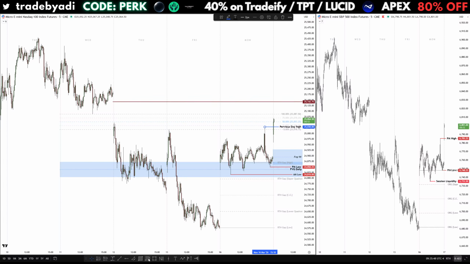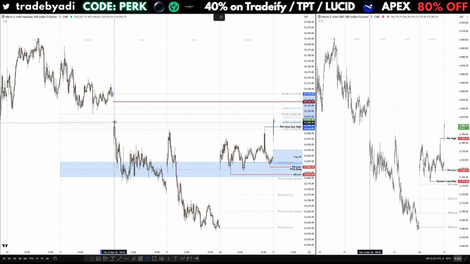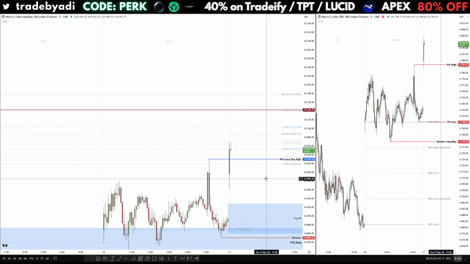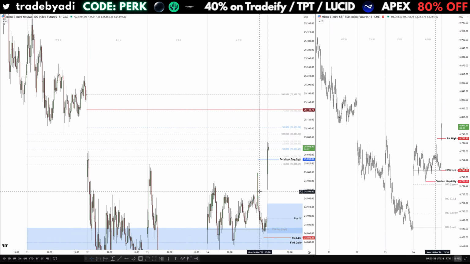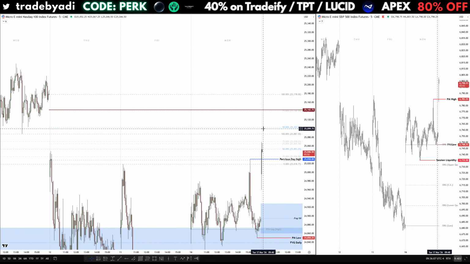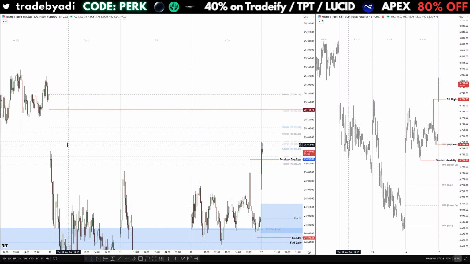And also I would like to mark down this opening range gap because we are inside this gap. After the CISD or the inverse FVG, if I have a good displacement, then only. Otherwise, we will just wait and watch for more information.